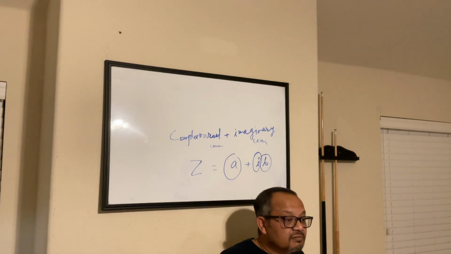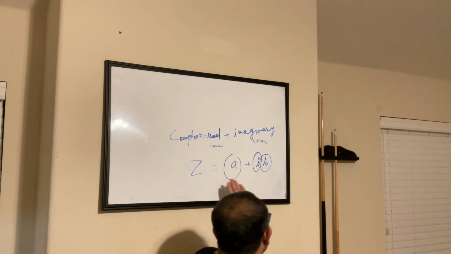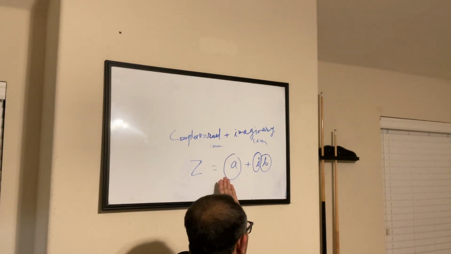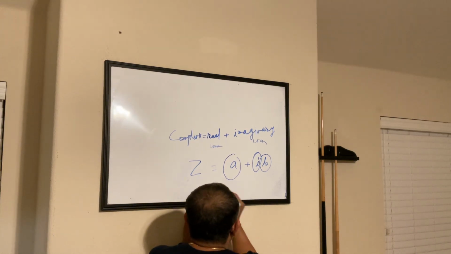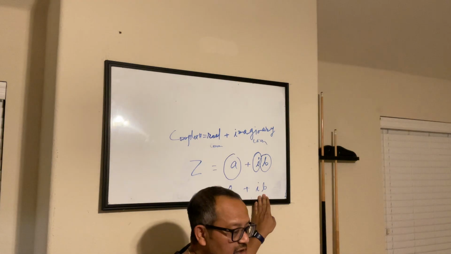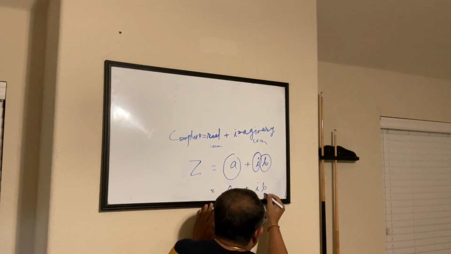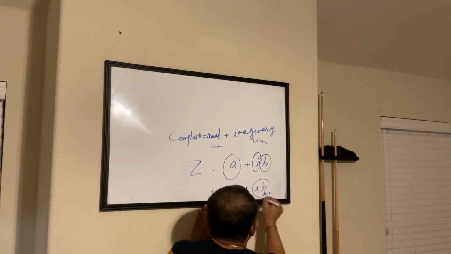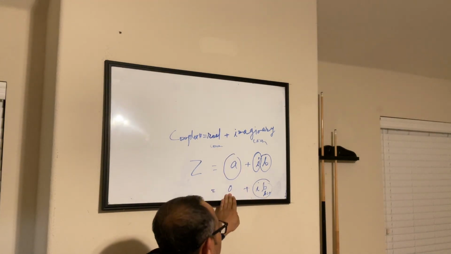Okay, so this is any complex number. If you hear the term complex number, you should safely assume that it is something like Z, which has a real component and an imaginary component. Let's say if A is 0, then this complex number has only the imaginary component. If you assume that B is 0, then even if you call this a complex number, the imaginary component is 0, so you have only the real component.